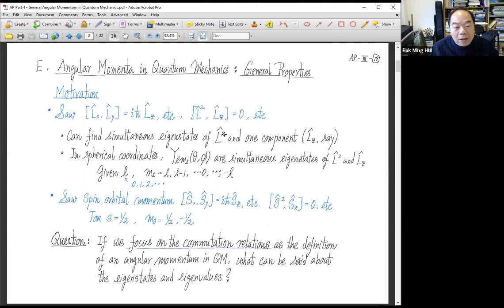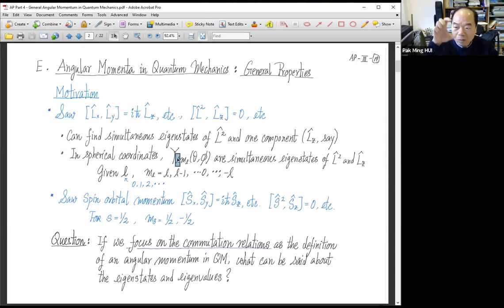And then you work out how to solve the Schrödinger equation, especially the simultaneous eigenstates of L squared and Lz. And you have found that there is a set of simultaneous eigenstates called the spherical harmonics. There are very tight criteria for the quantum number L. In orbital angular momentum, L must take on positive integers.